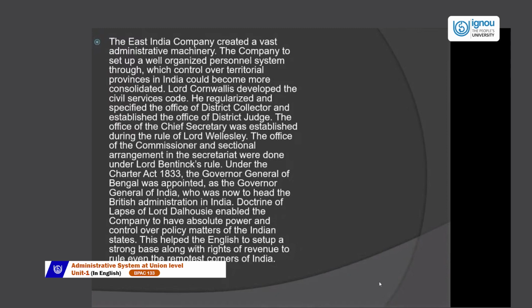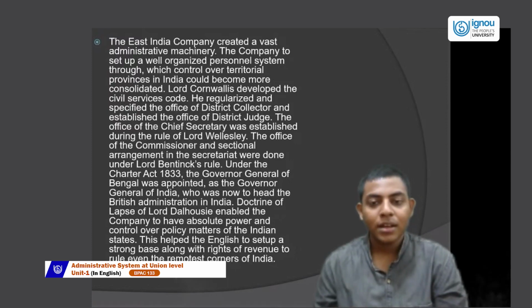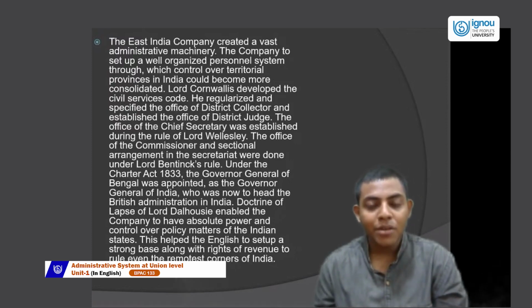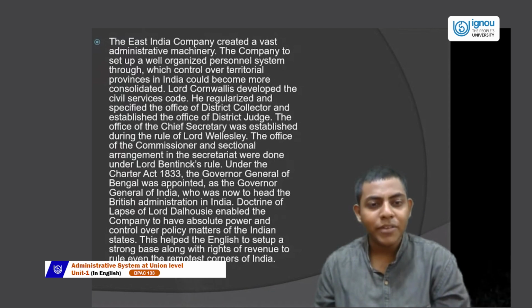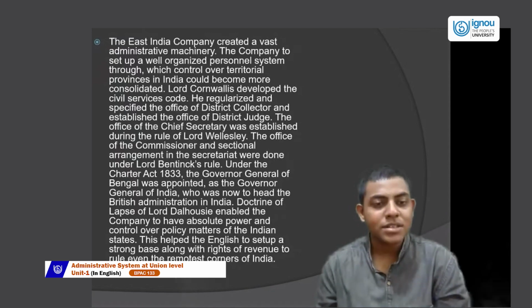Although they had set up their first factory in Surat, and also in Madras, and in Calcutta they made Fort William, they did not have any political power until 1757, when for the first time they defeated an Indian ruler, Siraj-ud-Daula, in the Battle of Plassey.